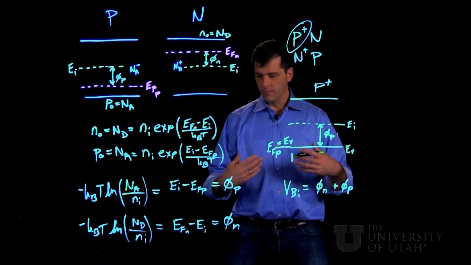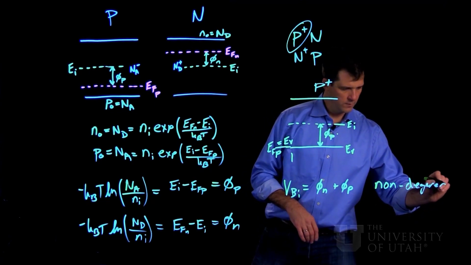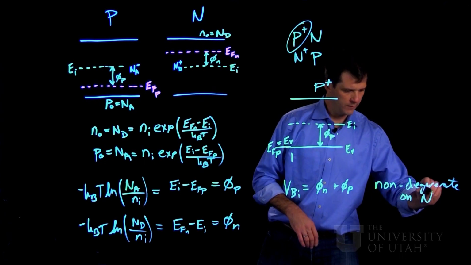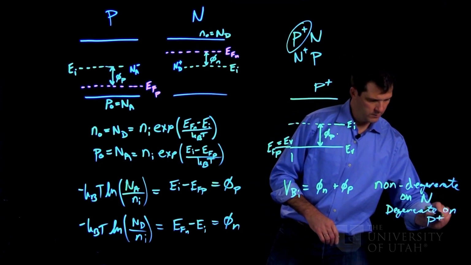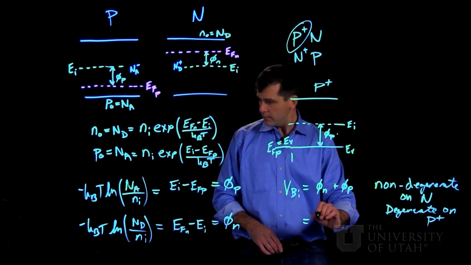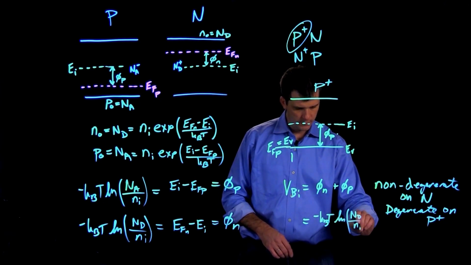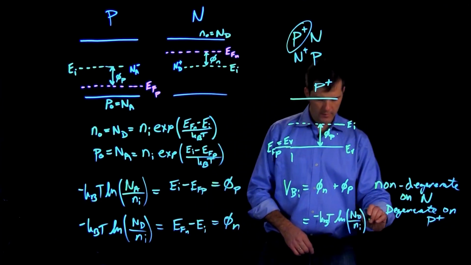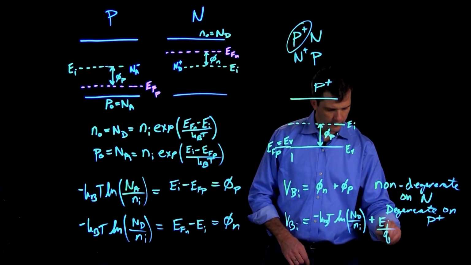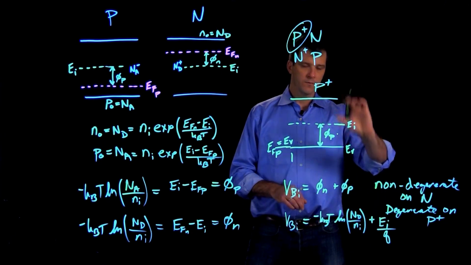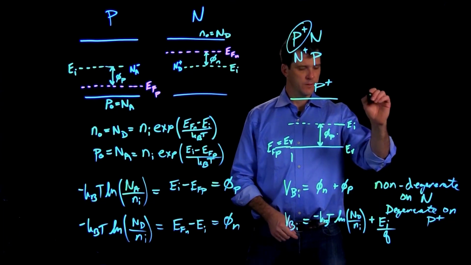So if we make the assumption that it's non-degenerate on the N-type side, and I'll do a mixed case here. On the P plus side, we would have an expression like so. We would have negative kBT logarithm of ND over ni coming from the N-type side, and then we would add simply EI divided by q, because remember that energies are voltages times the charge. So this would be the case for this mixed case of a P plus N junction.